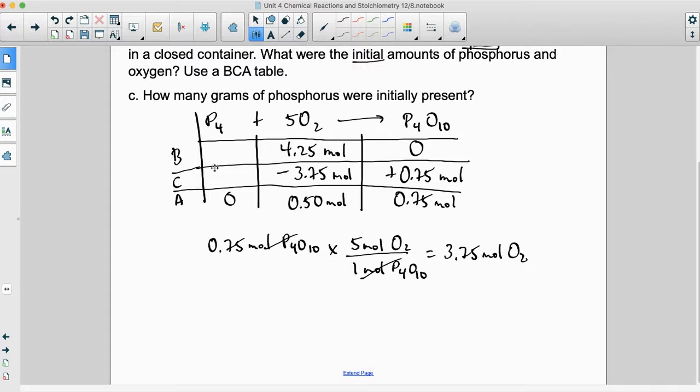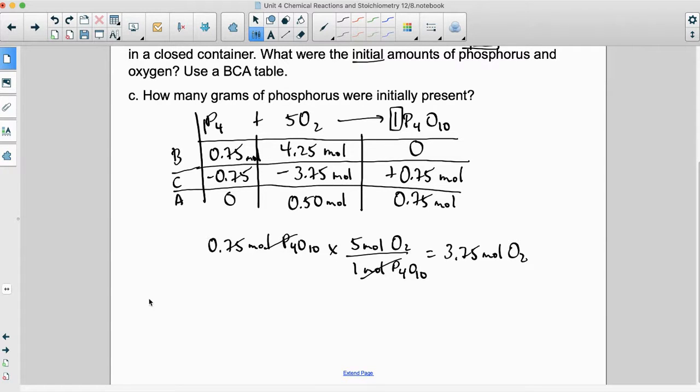Okay, and we can do the same thing with the P4. The coefficients for P4 are 1 to 1. So this change here, this is produced by the same amount of P4. So that's minus 0.75. And so to get 0 at the end, this must have been 0.75 moles to begin with.